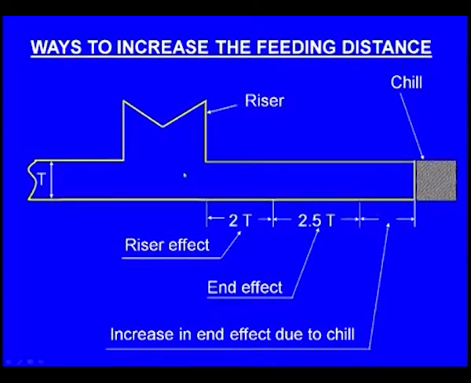For example, this is the casting and this is the riser, and again here you can see there is 2T, that is the riser effect, and right here there will be 2.5T, that is the end effect, and we can increase the end effect by placing a chill here. So, a chill is a steel block which is placed on the side of the mold wall. Then what will happen?